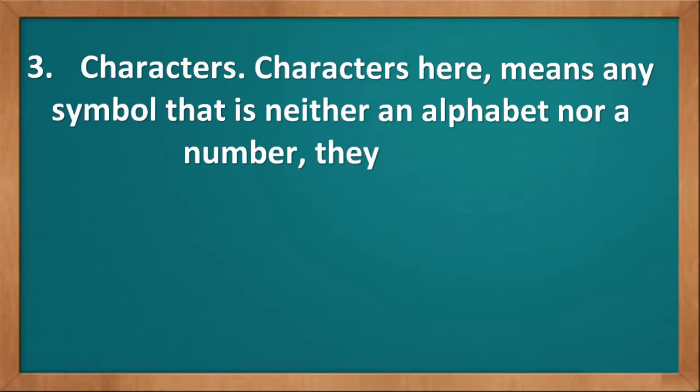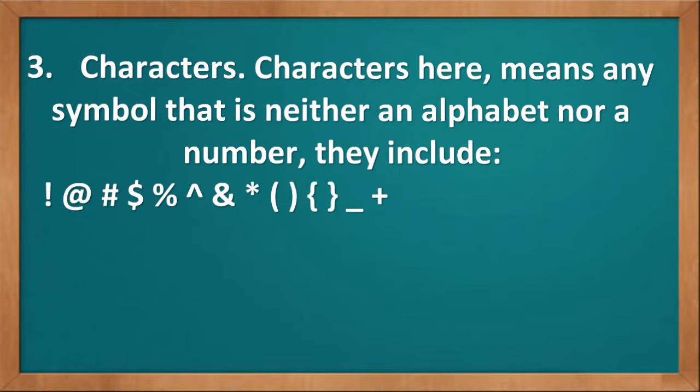So they can include bang, @ sign, £ sign, $ sign, modulus sign, inverse sign, and sign, asterisk for multiplication, opening and closing parentheses and opening and closing braces, underscore, plus sign, minus sign, equal sign, the ternary sign or question mark, greater than, less than, comma, full stop punctuation mark, slash or division sign, or sign. Then you have the block quotes and the block parentheses.